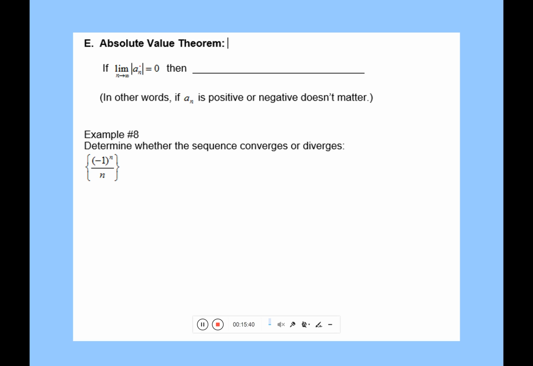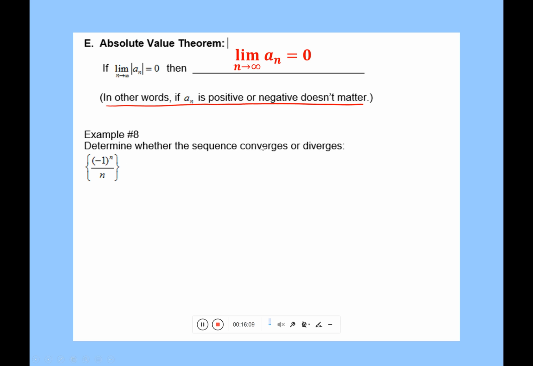So the idea is if you're taking the limit of a positive term and that equals 0, then basically it doesn't matter if that term is positive or negative. That means that the limit of just the a_n equals 0, which is kind of confusing, but I think this really sums it up. In other words, it doesn't matter if that sequence term is positive or negative. If it goes towards 0, then it doesn't matter. Positive or negative, it's going to go to 0.